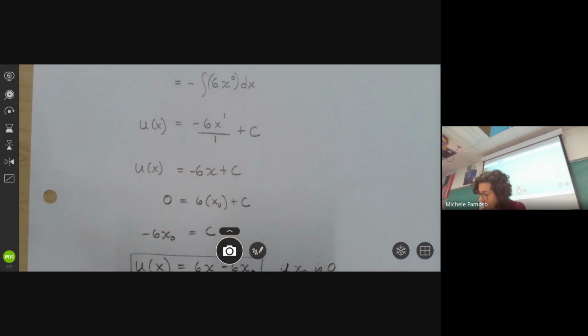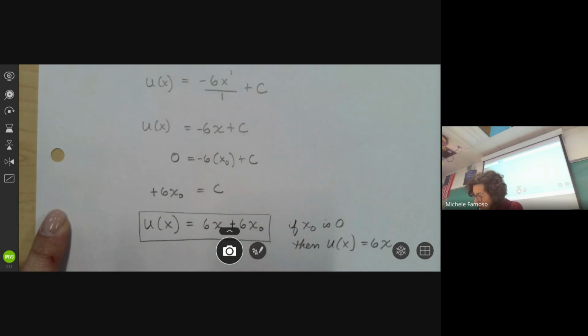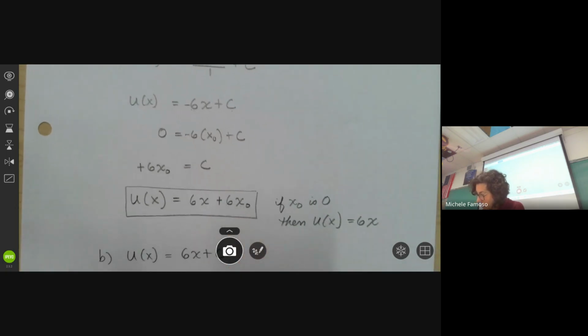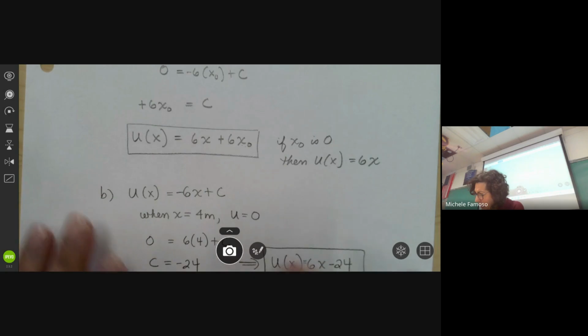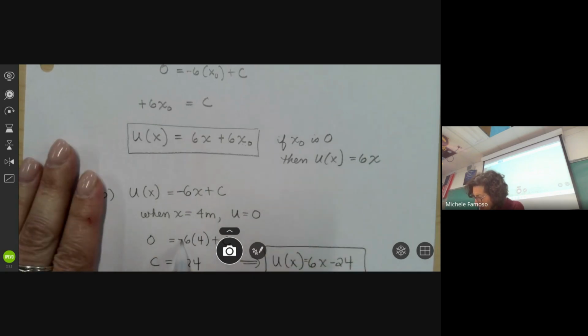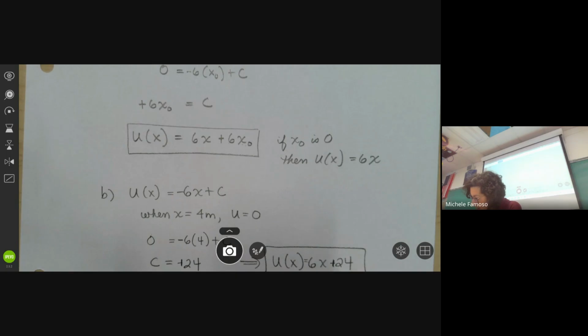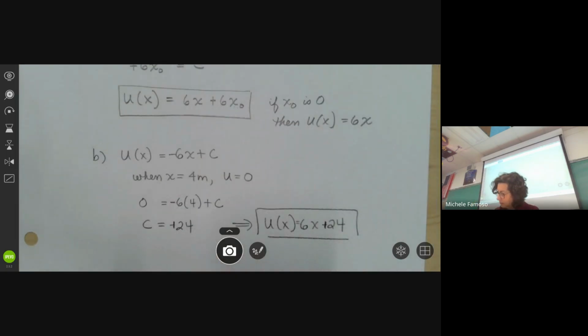I forgot the negative there, didn't I? Sorry, negative. So this is negative, so that's positive. So this is plus. Yeah, because originally I dropped a negative sign. So this is plus 24. Negative 6x plus 24, with the negative out front, yes.